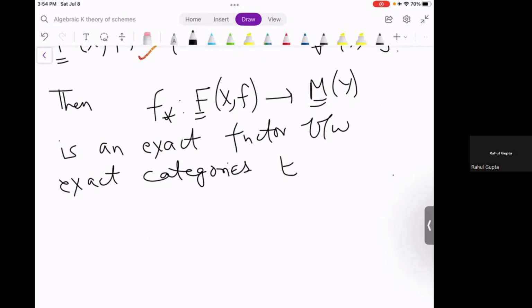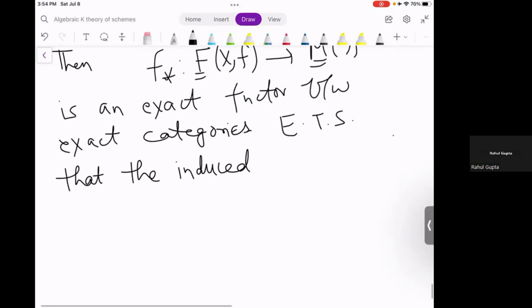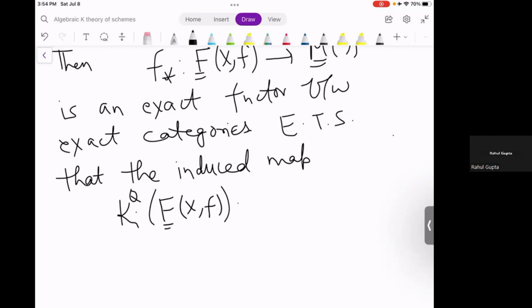So it's enough to show now that the induced map from the K theories of this exact category to the exact category M(X) is actually an isomorphism.